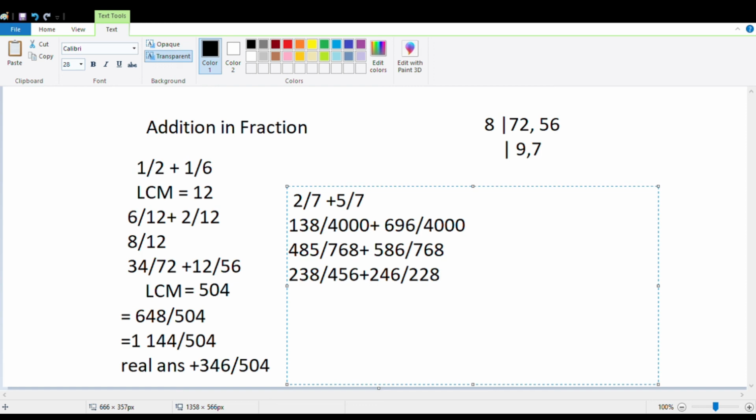And one more sum, the last sum: 78 by 478 plus 268 by, instead of 478, let's keep it as 420, and this will become 210.